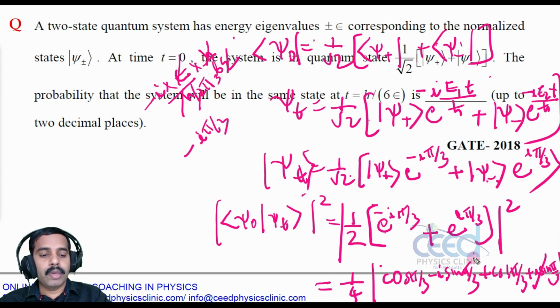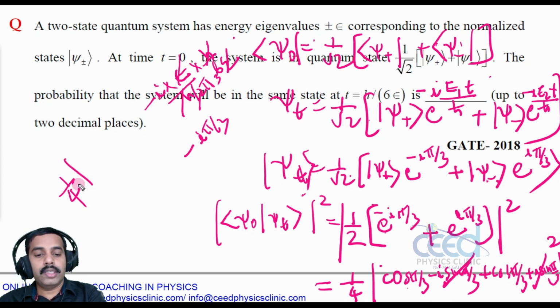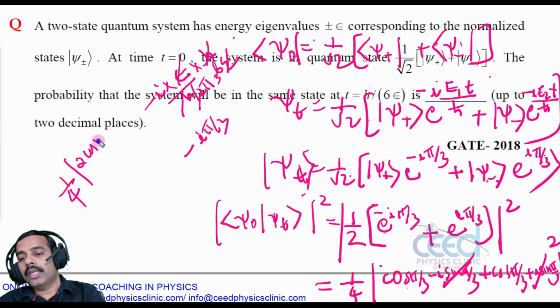And the i sin pi by 3 minus i sin pi by 3 will cancel, so 1 by 4 into cos pi by 3 into cos pi by 3, whole square we have, that is 2 cos pi by 3, right? We are taking the square, okay, so 2 cos pi by 3 the whole square.